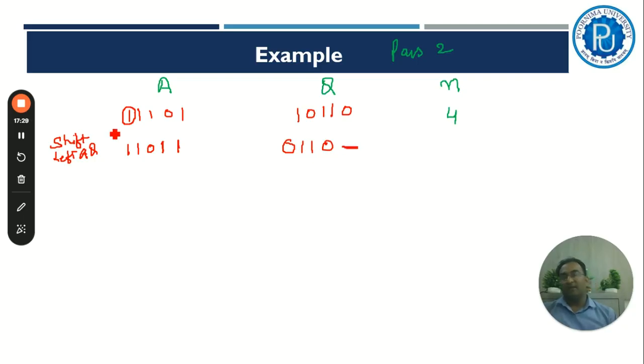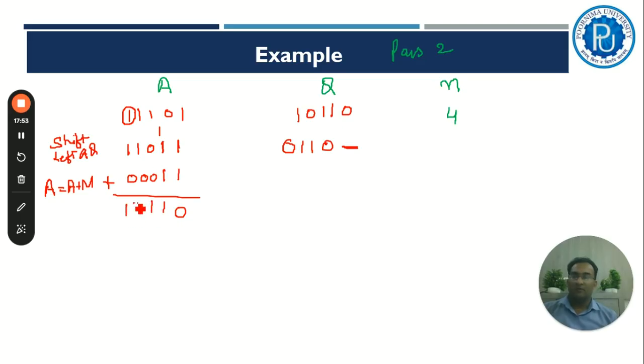So as the sign bit was equal to 1, now we will do addition. A equals A plus M. We are going to add plus 3 into it, 0 0 0 1 1. So now we will add 1 and 1, 0, 1 is carry, 1 and 1, triple 1, 1 1 1 1 1.